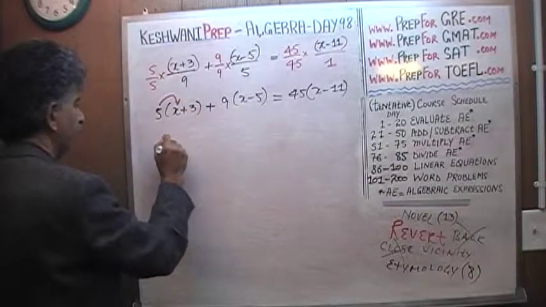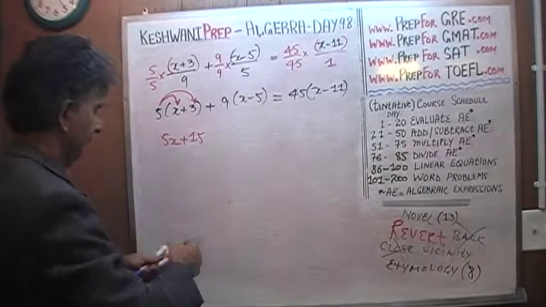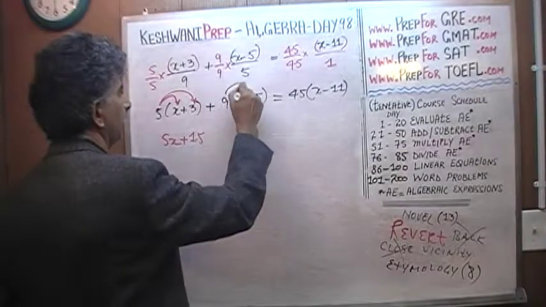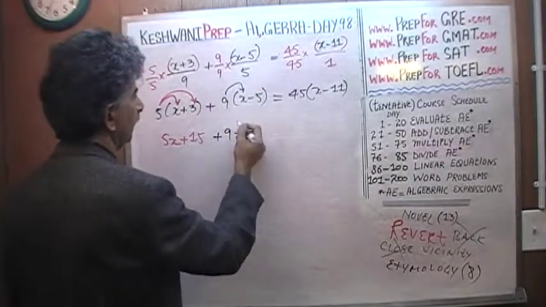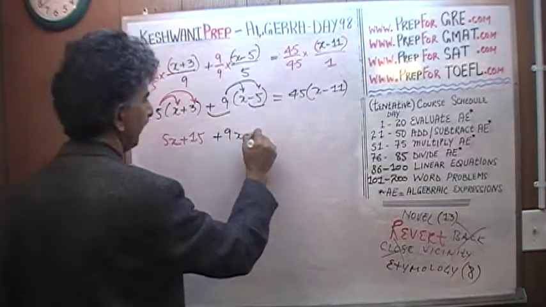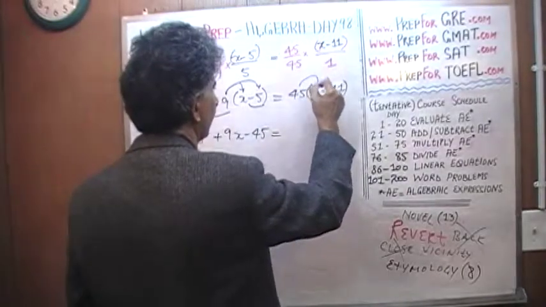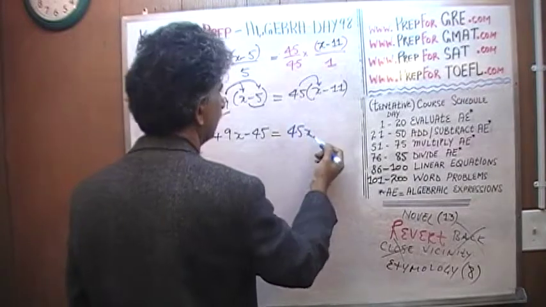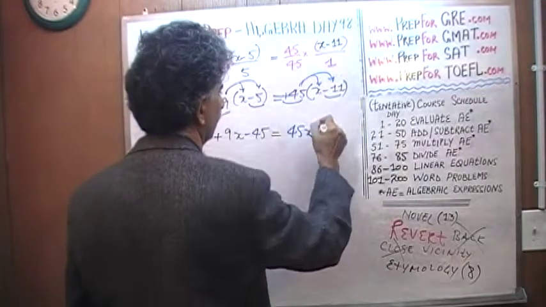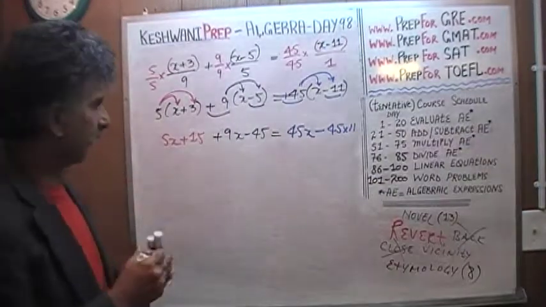Five times x is 5x, 5 times 3 is plus 15, nine times x is 9x, positive 9 times negative 5 is negative 45, equals 45 times x is 45x, and a positive 45 times a negative 11 is negative 45 times 11. Leave it like that for the time being. Don't worry about what that is.